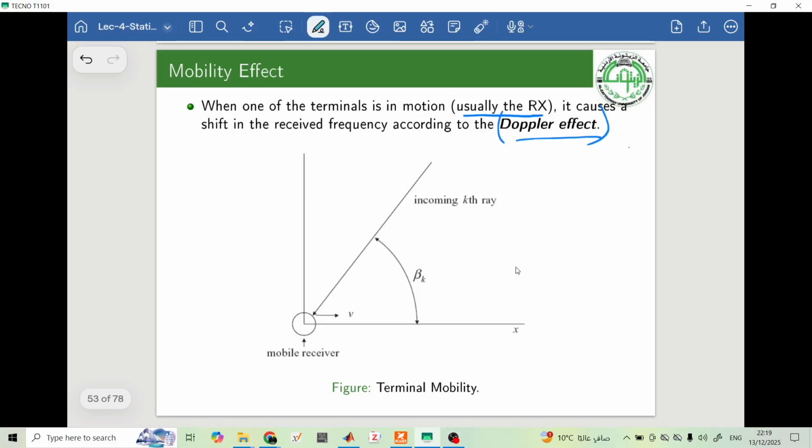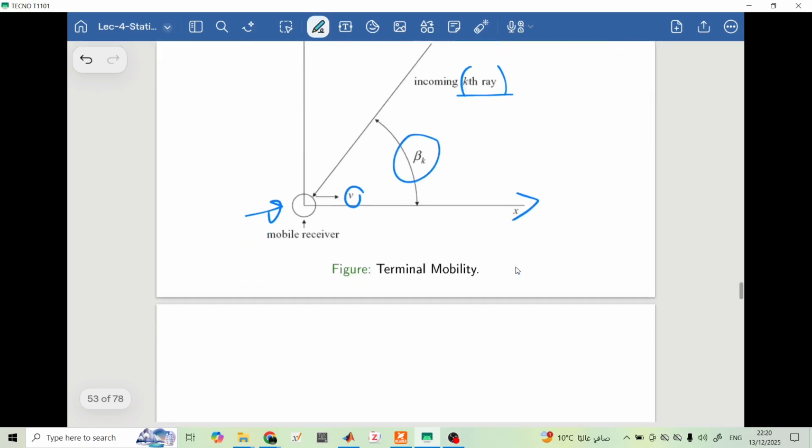The Doppler effect is actually a shift in the received frequency. So in this simple case that we have here, we have a mobile receiver moving in the x direction with velocity v, and we have an incoming ray or multipath component, the kth one, which makes an angle beta with the mobile receiver direction of movement.